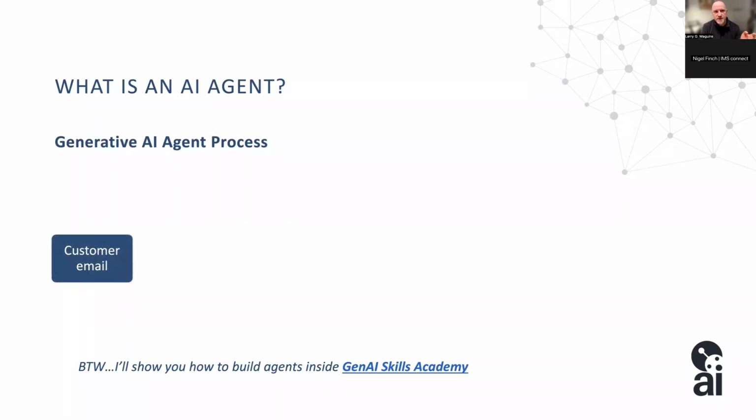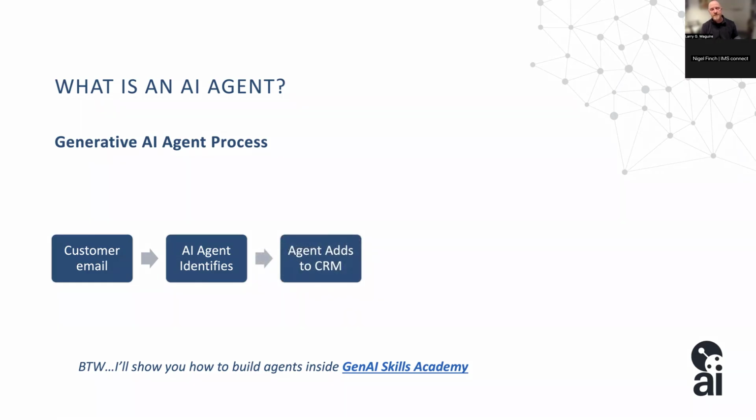So an agent process might look like this, for example. Customer sends an email to your organization. Your agentic AI that's running on your email inbox identifies this email through keywords and so forth. It may add this query to the CRM package.